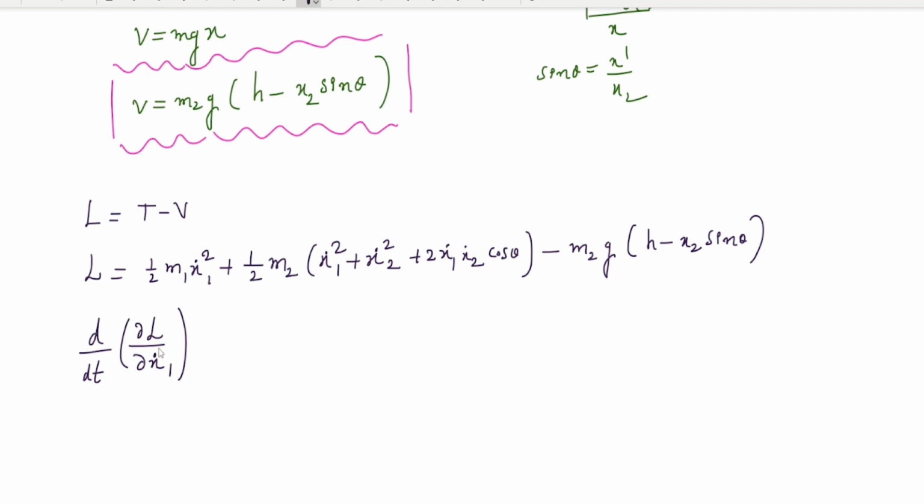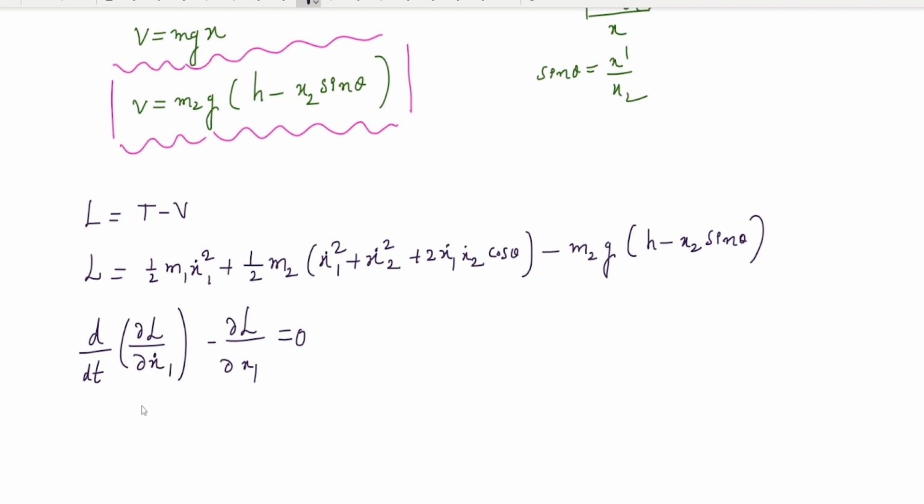This is our one generalized coordinate system. Again we need to find the other coordinate system also. From this information we need only dou L divided by dou x dot 1, differentiating with respect to x1 dot, I mean the velocity of the first particle, the m1 particle.